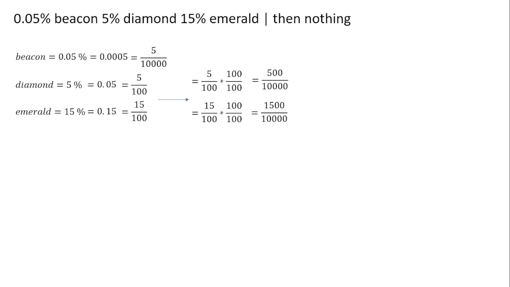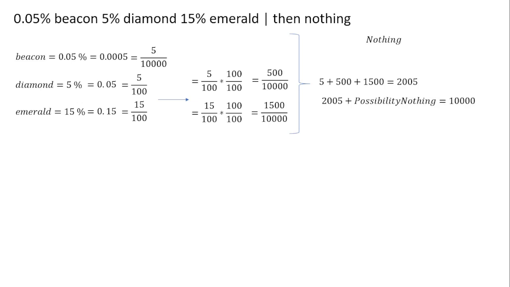So we have the percentage for beacon, diamond and emerald. But what will be the amount of nothing? Let's see. Nothing equals the amount that is not being used by the options. And in this case, the options are beacon, diamond, and emerald. These three options mean 2,005 possibilities, that in addition to the possibilities of nothing, the result will be 10,000 because this is the max amount of possibilities.